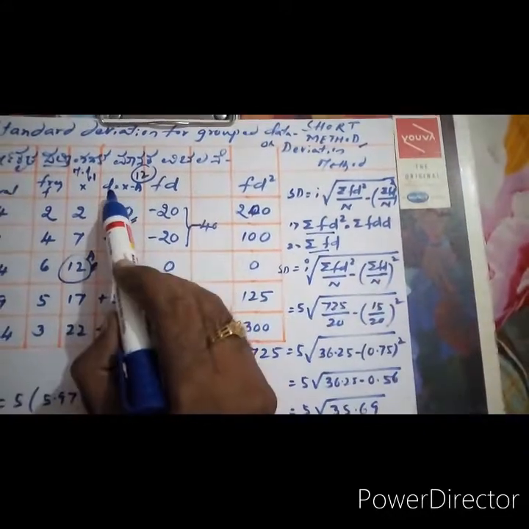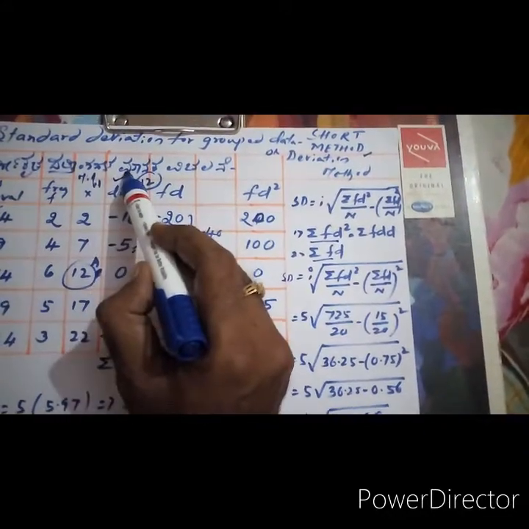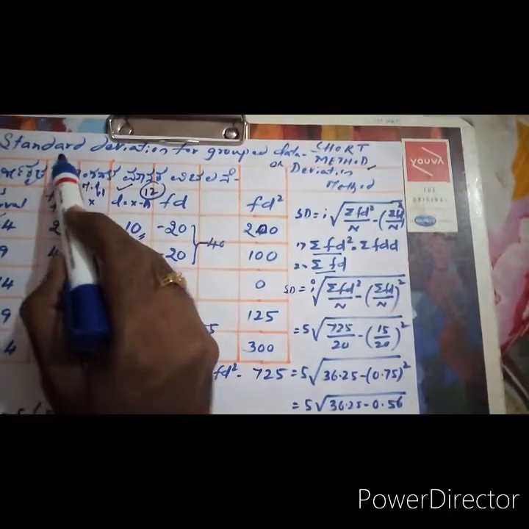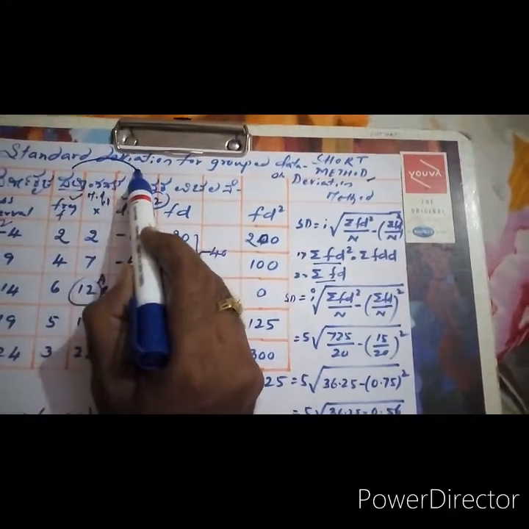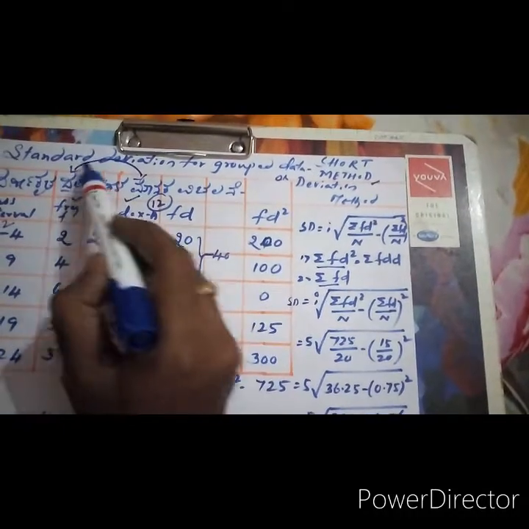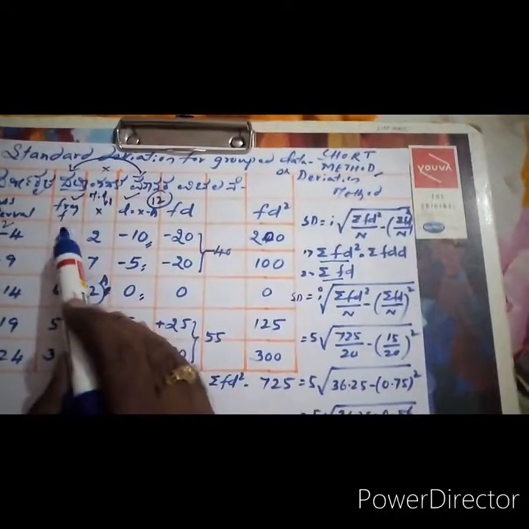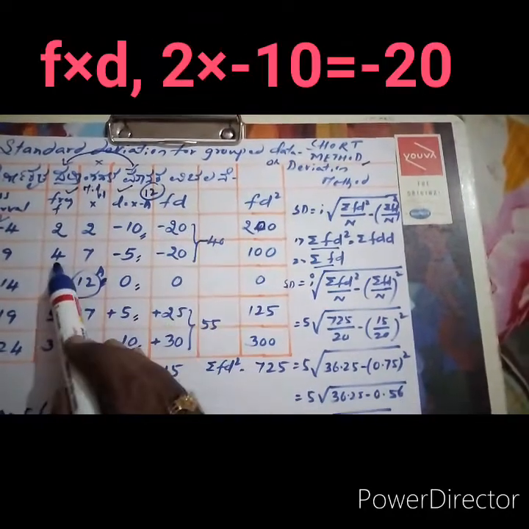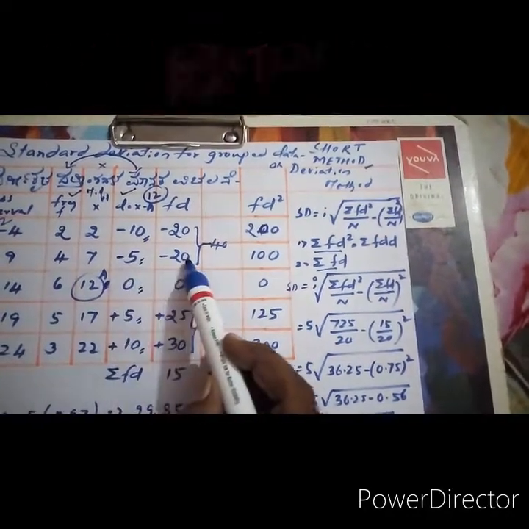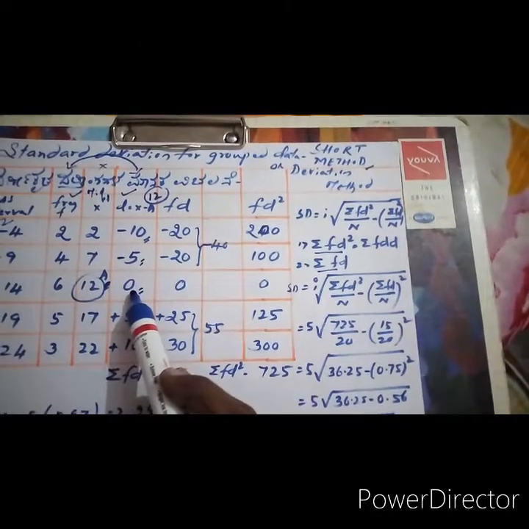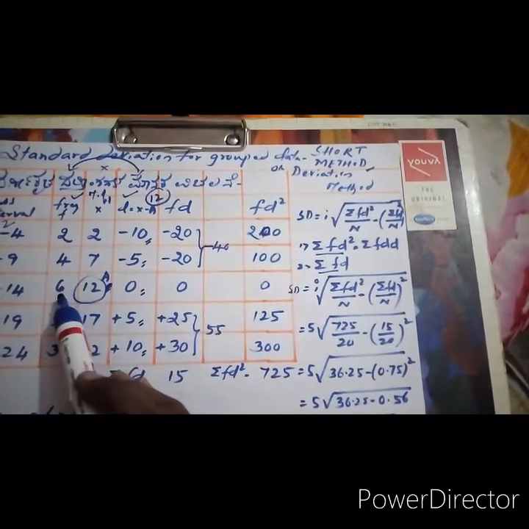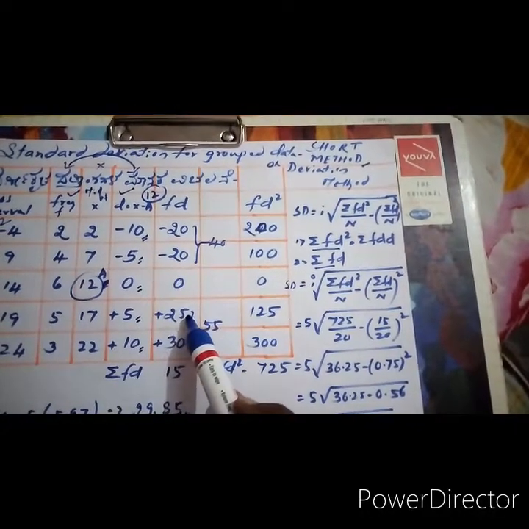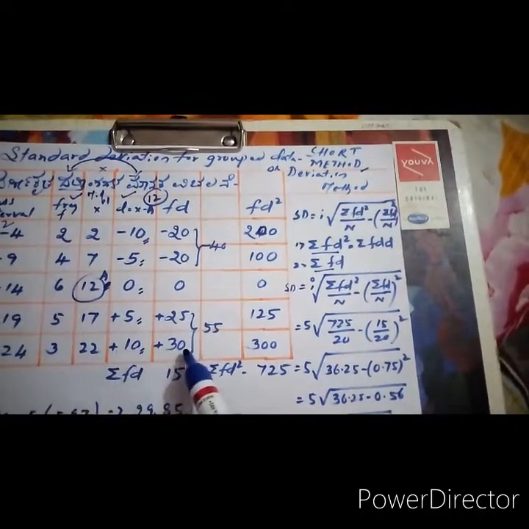Here we have d and f. Now you multiply the second column with the fourth column, f into d. That is 2 into minus 10 is minus 20, 4 into minus 5 is minus 20, 6 into 0 is 0, 5 into 5 is 25, 3 into 10 is 30.